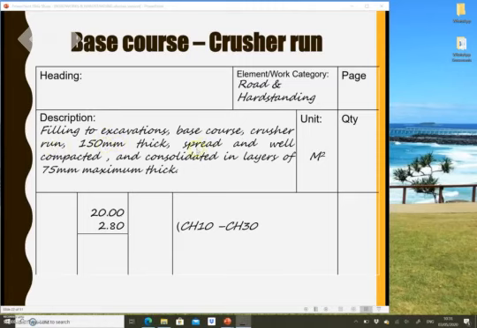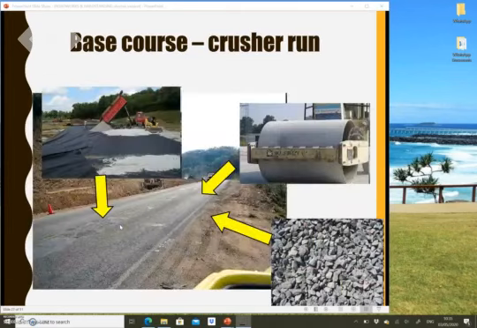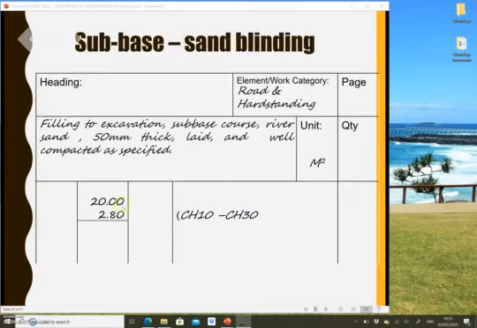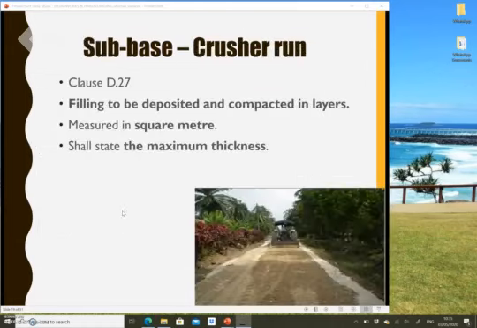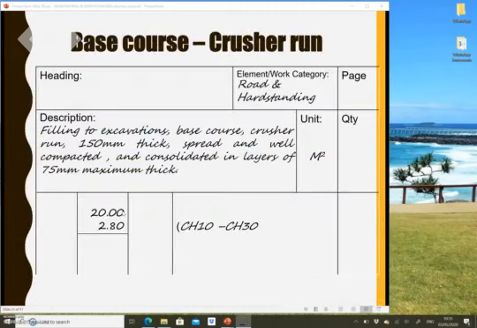The things that you need to do are to spread, well compact and consolidate in layers of 75 mm thick. So starting from 150, they compact it to 75 mm maximum thick. Meter square for unit, and then we have the length and the width. If you realize, the quantity is the same. So once you get the first quantity, the rest will be easier for you.